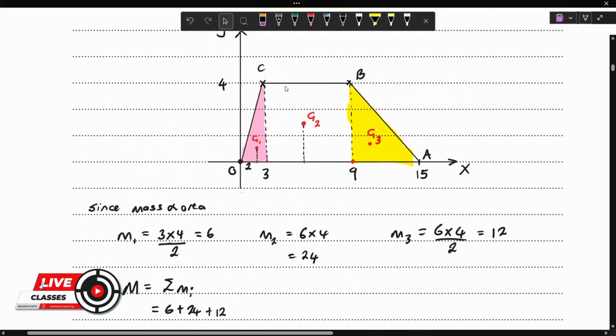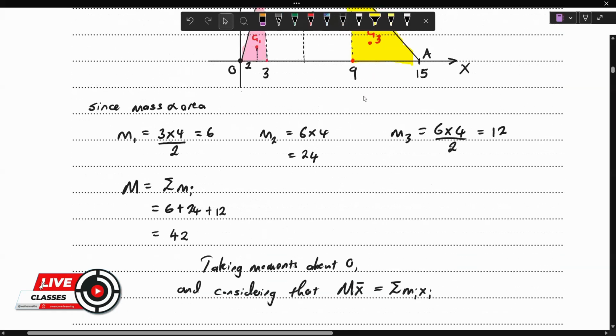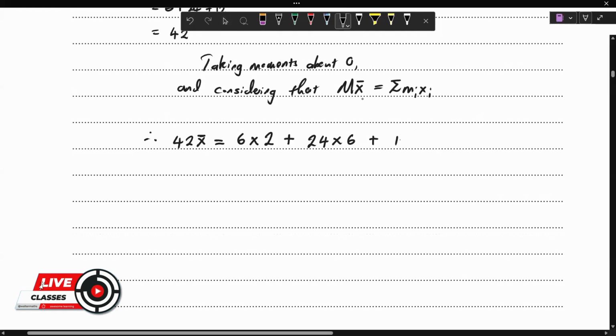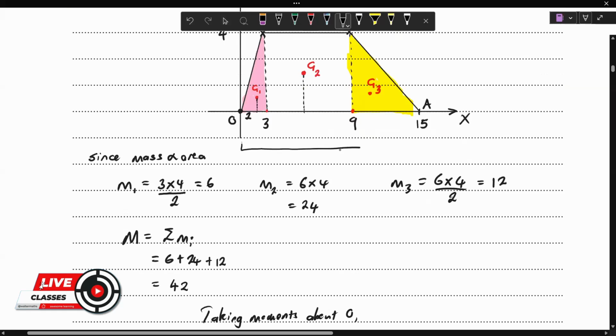Now we go to the third lamina, which is the triangle in yellow. That's M3, which has mass of 12. So 12 times the horizontal distance from O to G3, you understand? That's what we now want. So it's going to be up to here, it's 9, right? And plus a third of the full distance from 9 to 15.